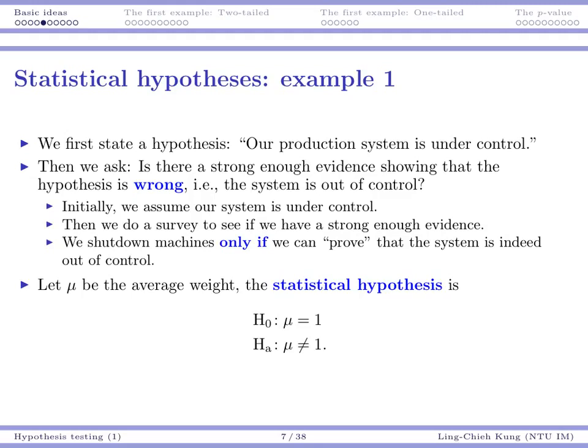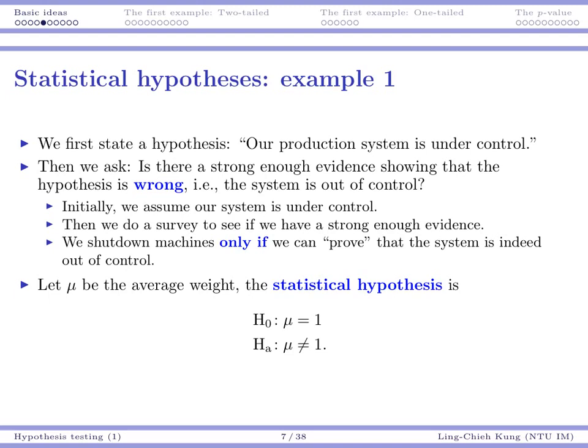We want to see whether, after we collect some sample data, we find evidence showing that H0 is wrong. We first have an assumption, then collect data and look into the data to see if we have strong evidence to claim that H0 is wrong.